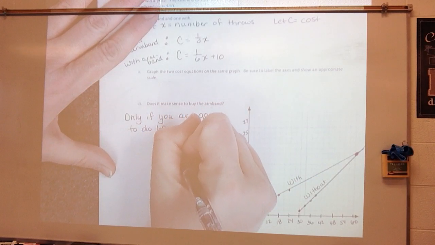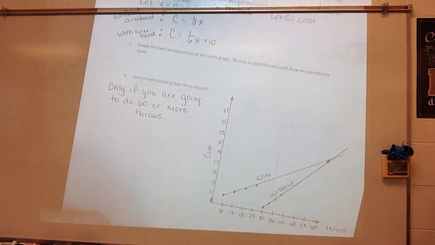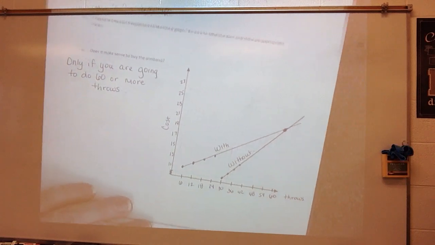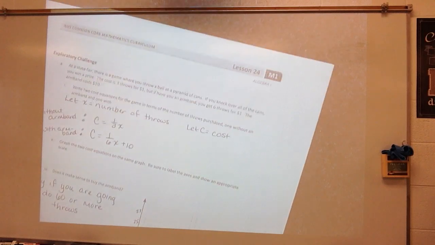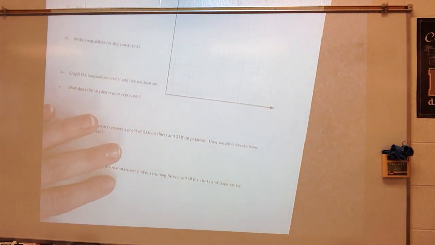If you're planning on doing 60 or more throws, then it would make sense to buy that armband because you're going to end up spending less money. But if you're not going to throw that ball 60 times or more, then you're going to save money by not buying the armband.